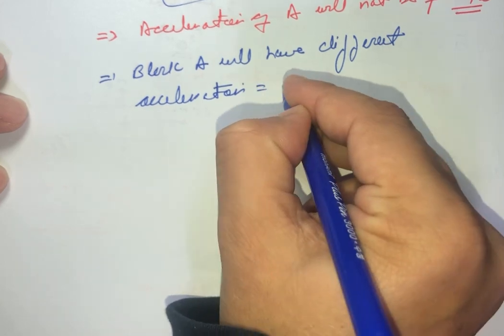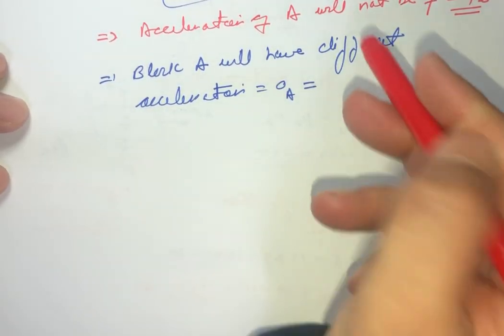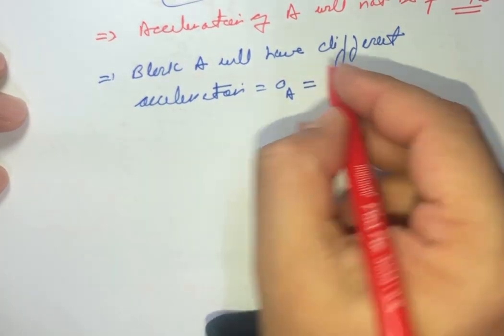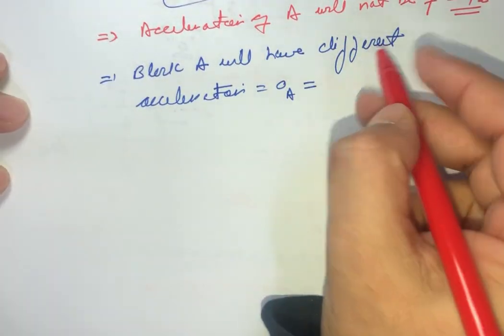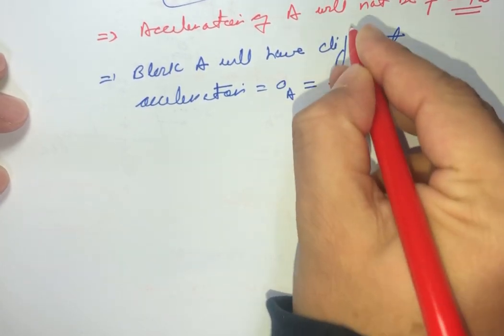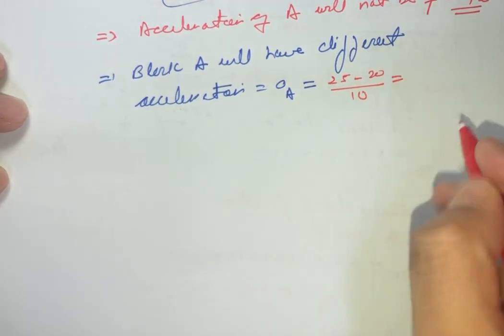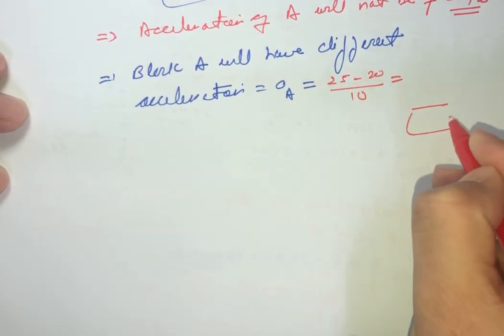Let us call this AA, and the value of AA will be equal to the applied force 25, minus the value of the friction 20, divided by mass, that is 10. We can draw it here like this.